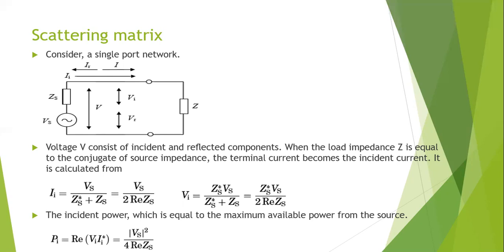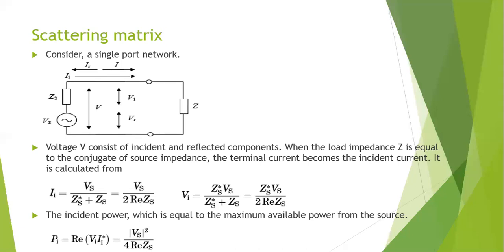As we know, if a complex number is added to its own conjugate, then only the real part remains. So in the same way, it is equal to Vs divided by 2 times the real part of the source impedance. As per the definition of the current flowing in a microwave circuit which has a mismatched impedance, this is the equation to find the incident current.